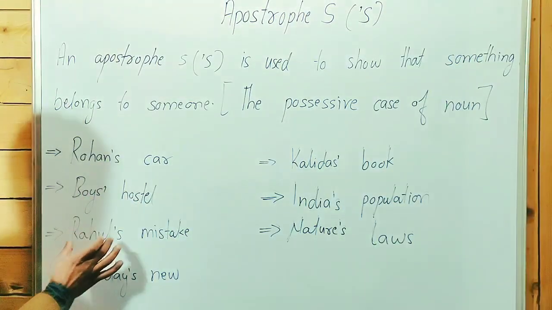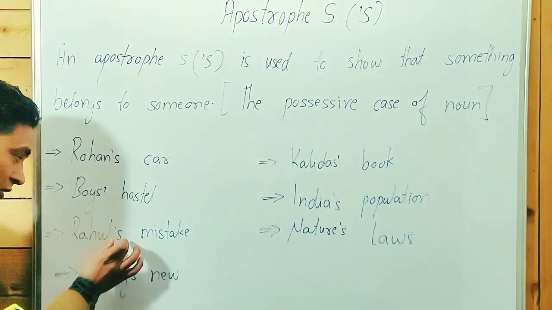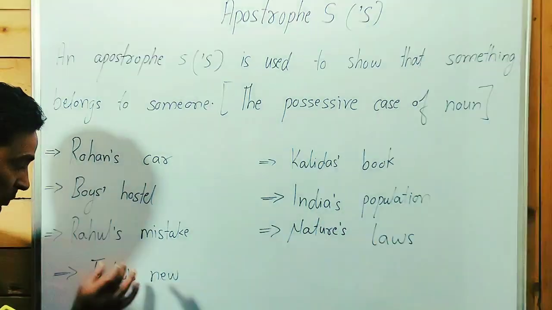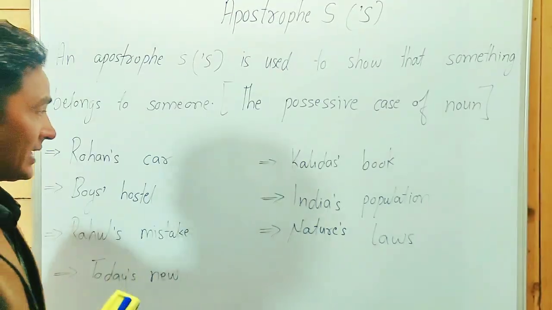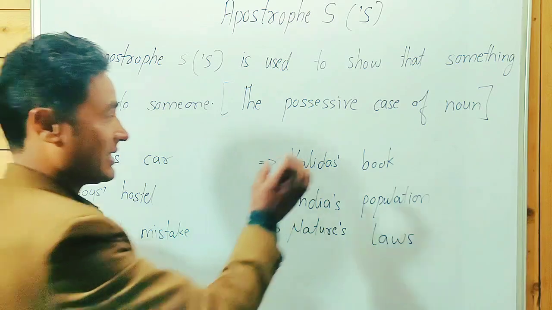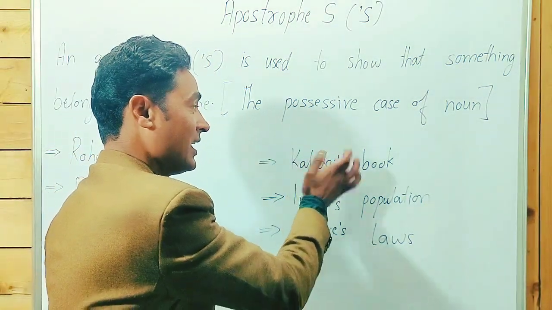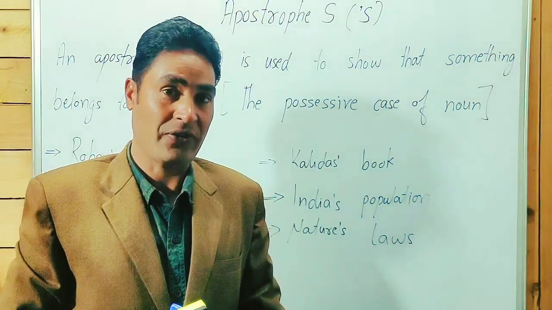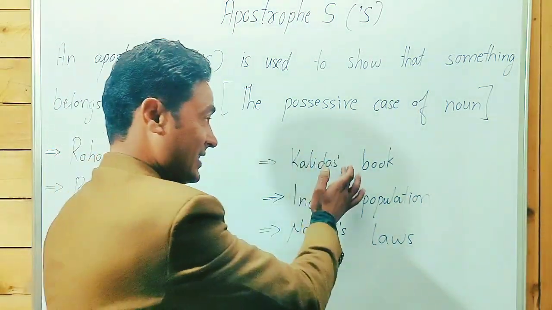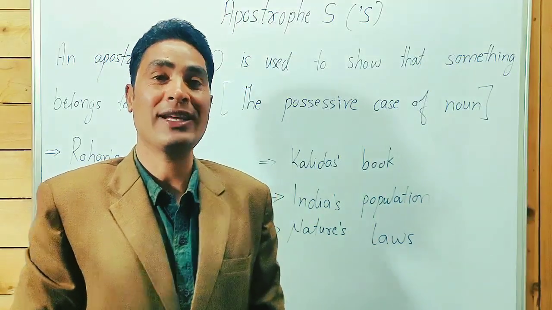Boys' hostel. Rahul's is with apostrophe plus s. Kalidas, guys, point to be noted, without s. Kalidas', only apostrophe, not s. Why? What is the main reason behind it? We will learn each and everything step by step.